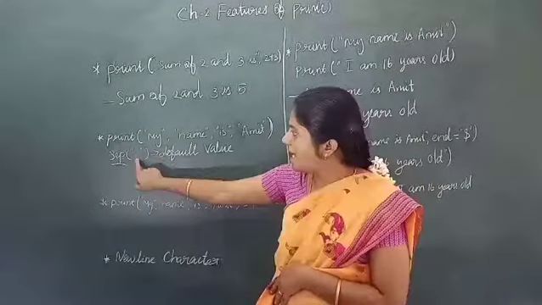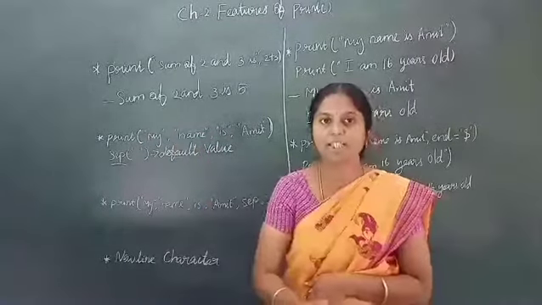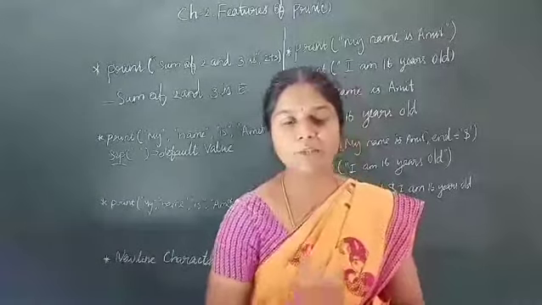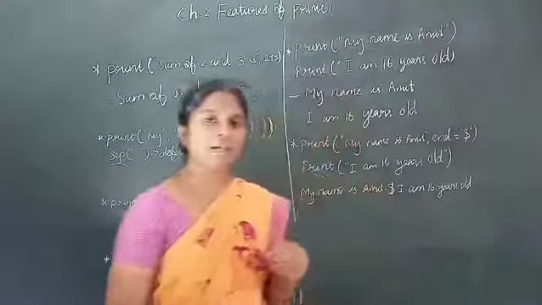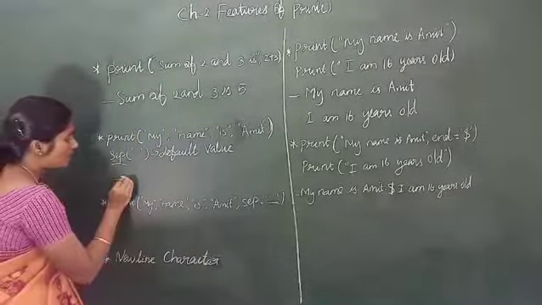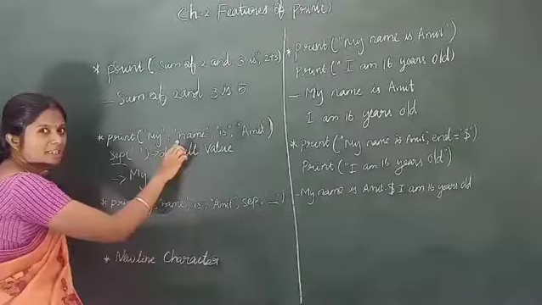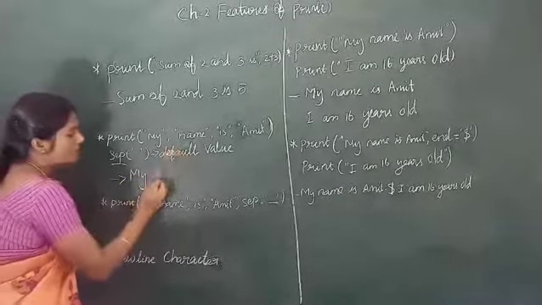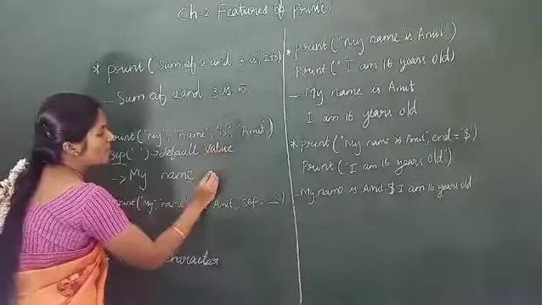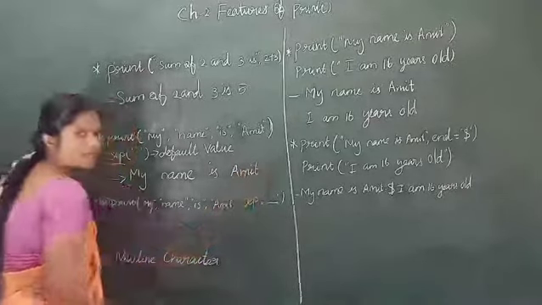If you have not mentioned the separator value, it will automatically take a space between the values of the print function. So what is the output of this? Listen, in between it will automatically add space. So my space name space is Amit. Are you clear about this?